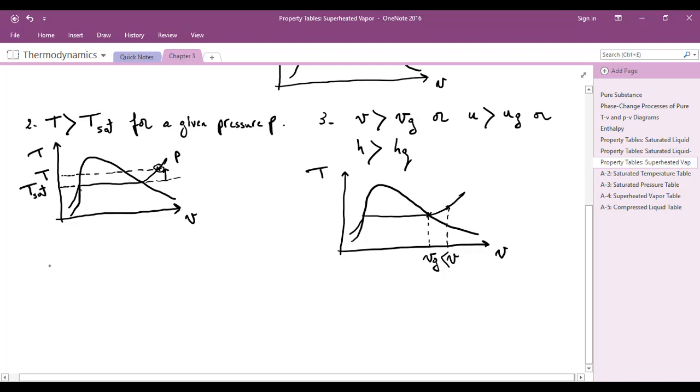The last condition: for any pressure, if T is higher than the critical temperature, we can say that we are above the vapor dome.